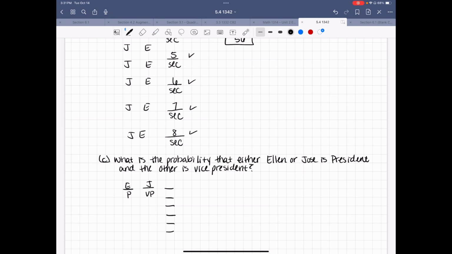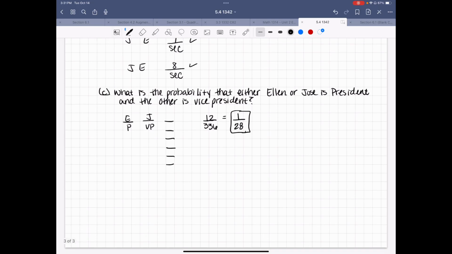So that's going to give me 12. There's 12 scenarios where either Jose is president and Ellen is vice president, or Ellen is president and Jose is vice president. So now I have 12 out of 336, which is going to give me 1 out of 28. Okay?